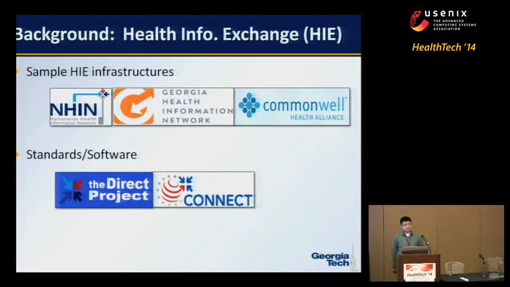To run those information networks, there are some open source projects ongoing right now, like the Direct project and the Connect project. Those two are something that we researchers can play with.